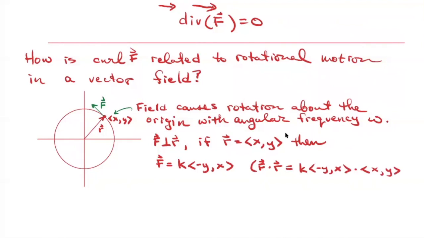I don't know if you can see that that's zero. This is k times negative y x plus x y, so that would be zero. All I'm saying is that the field has to be some scalar multiple of negative y, x, and the scalar can be negative, and that would cause it to rotate in the other direction. That's fine.